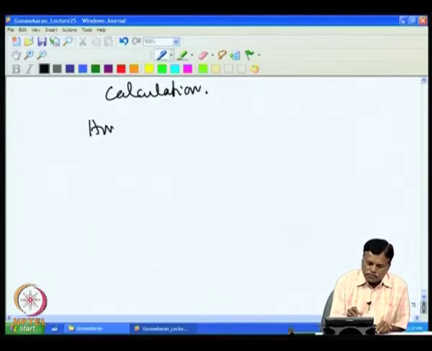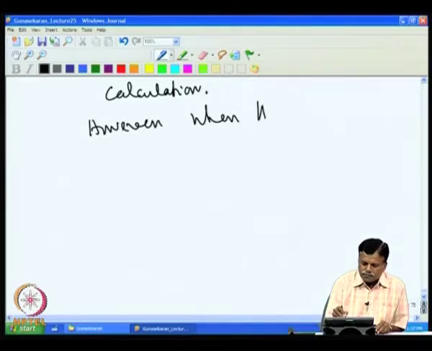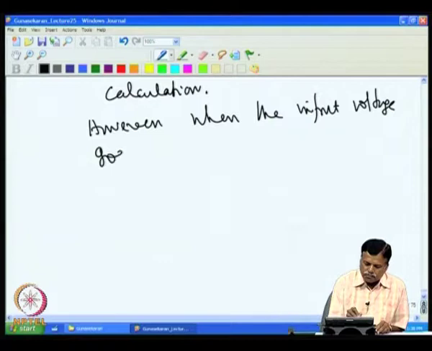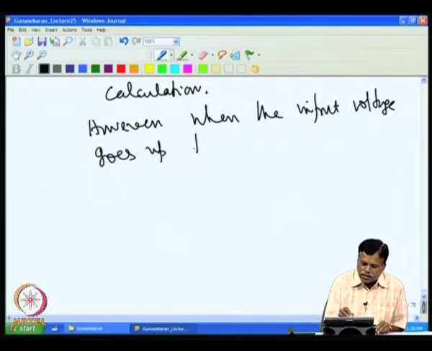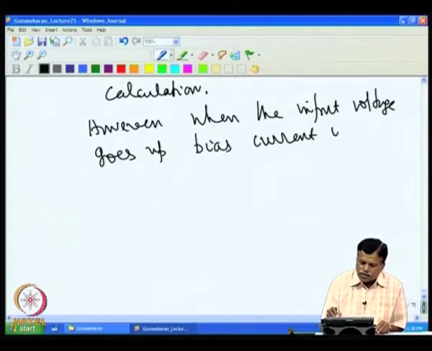However, when the input voltage goes up, the bias current increases.